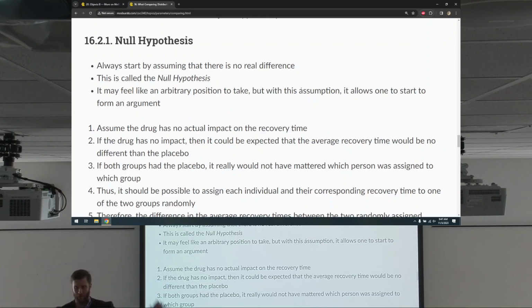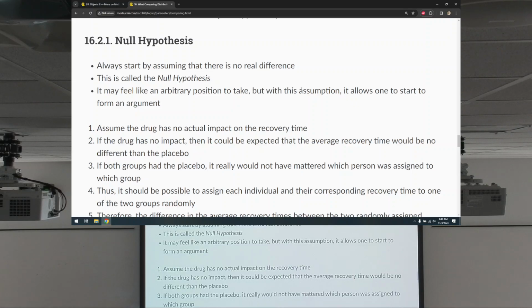Shuffle them again, placebo, drug. Shuffle again, placebo, drug. And I can take the distributions of those and compare them. I can compare their average differences. So yes, it would be possible to assign each individual and their corresponding recovery time to one of the two groups randomly.